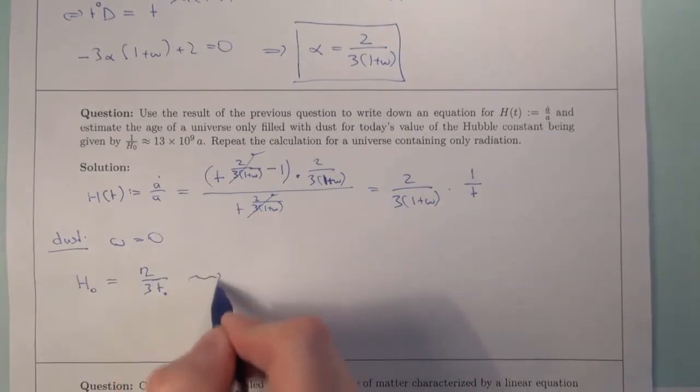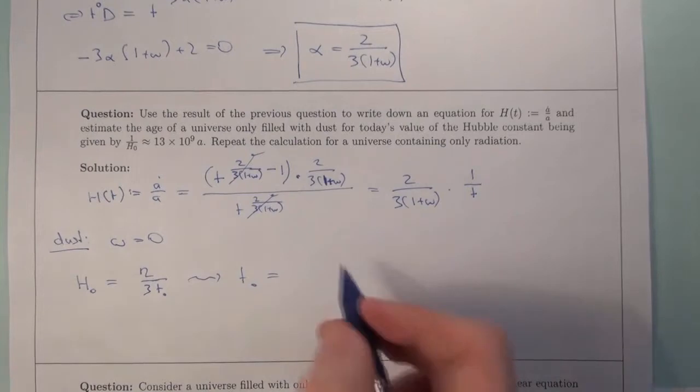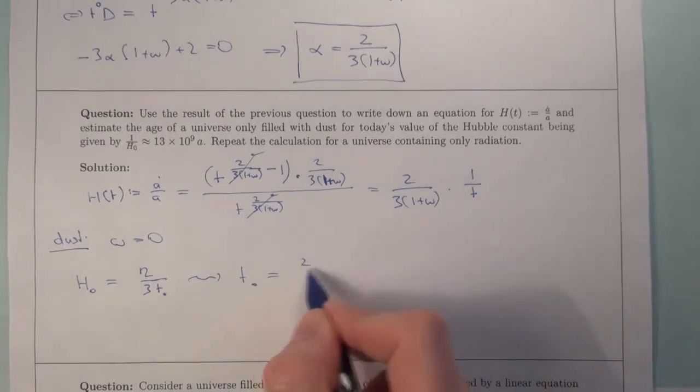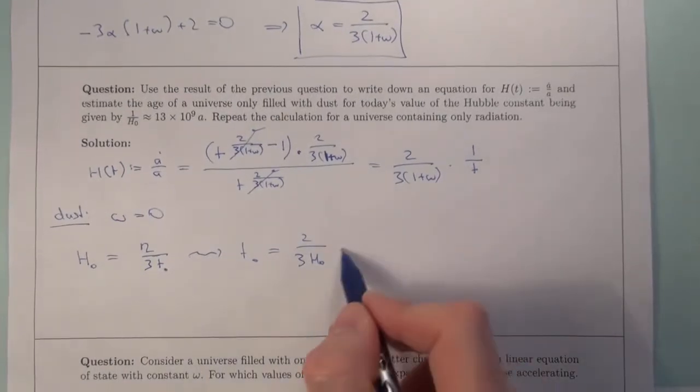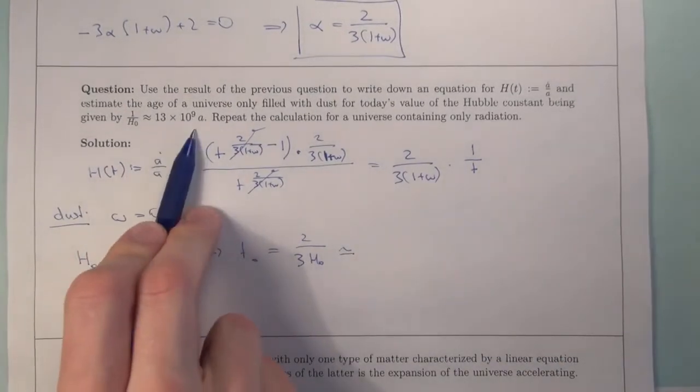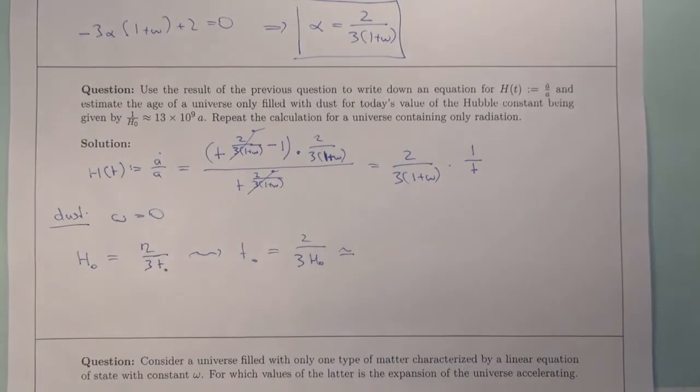Now we can solve that one for T0, which is 2 over 3 H0, and now plug in the given Hubble constant for today or last week or something like that.